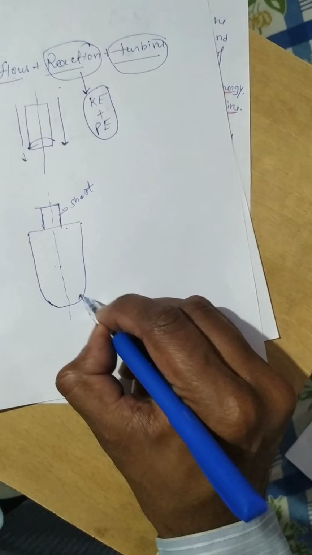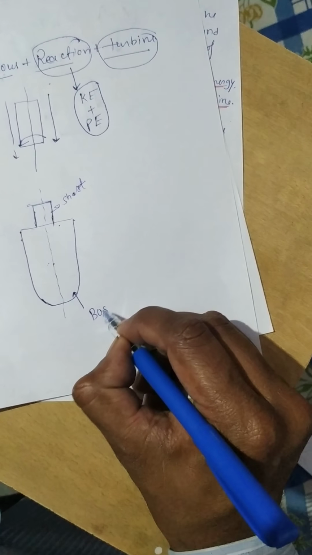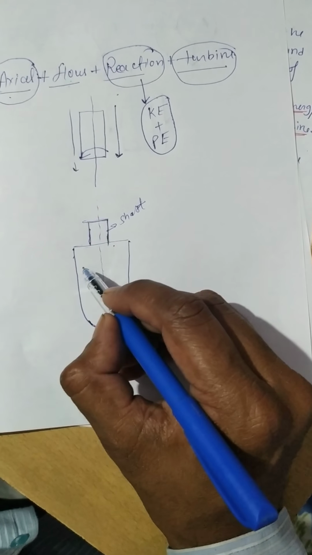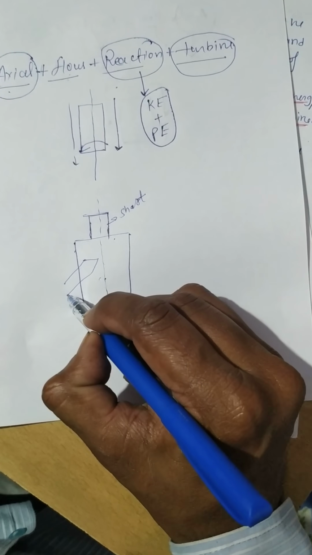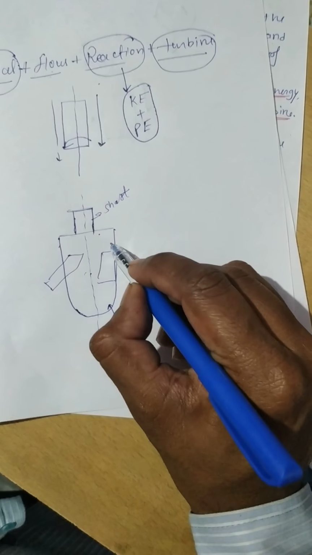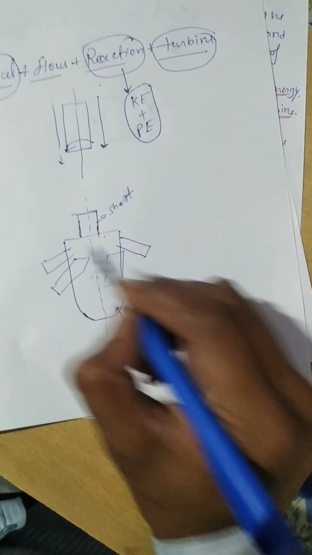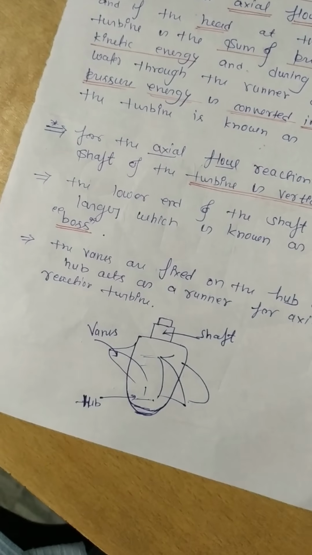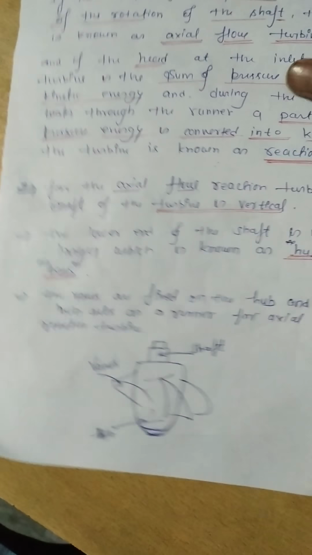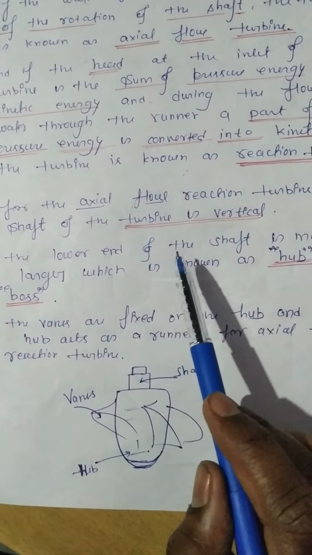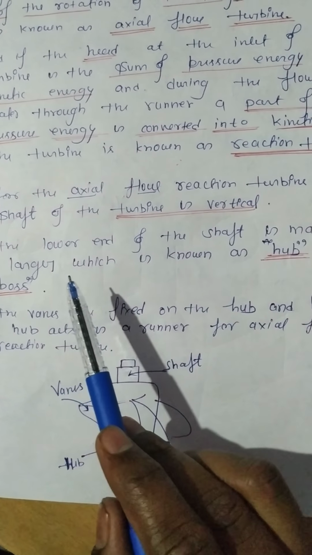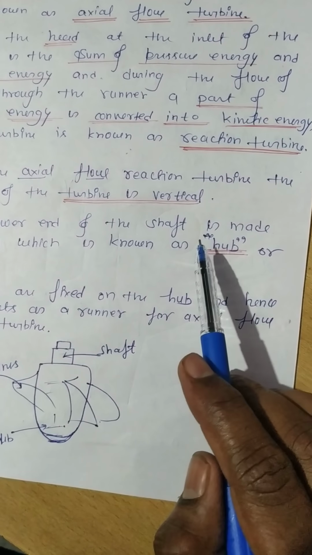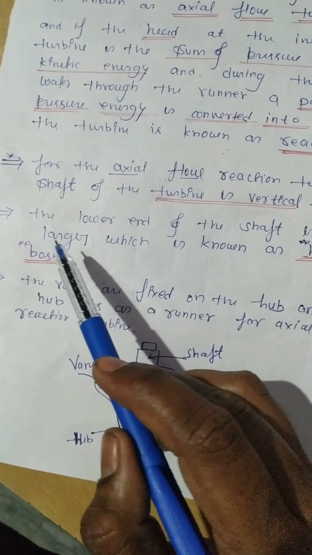Now this portion is known as the boss. And the vanes, as we are very familiar, are connected to the boss. So the lower end of the shaft is made larger, which is known as the hub or boss. It is also known as the hub, and as I told you, it is also known as the boss.